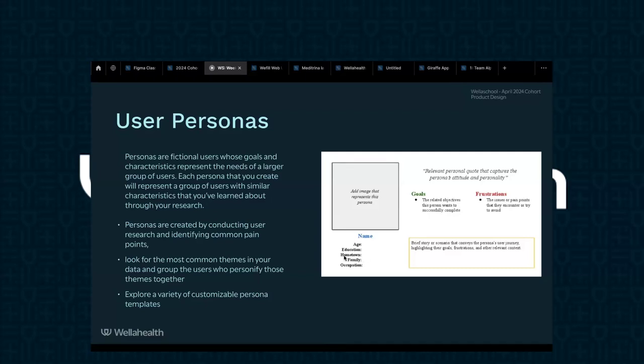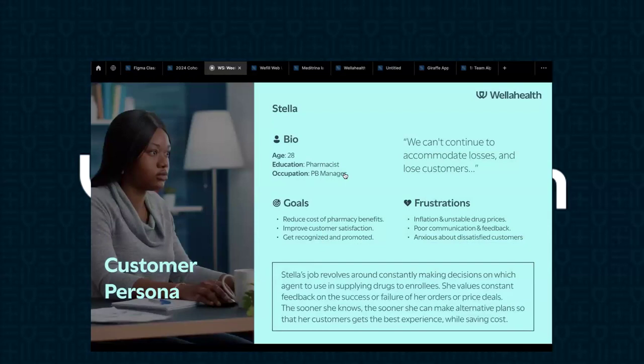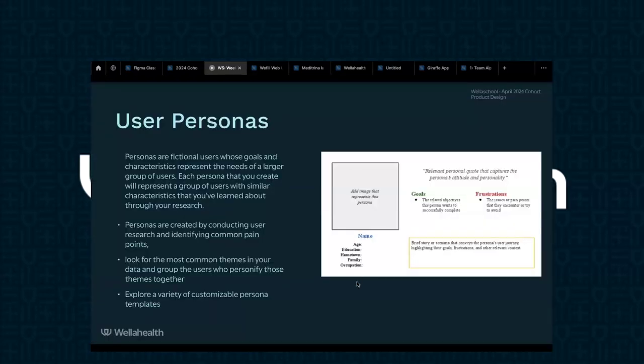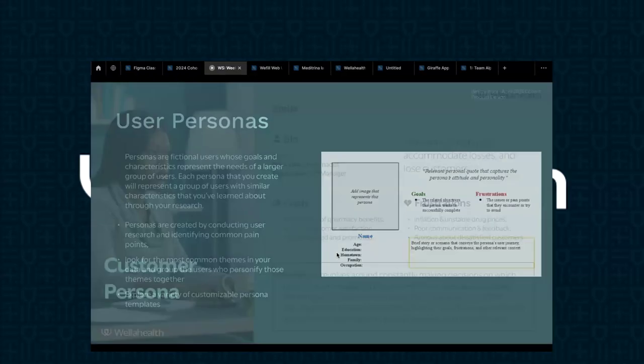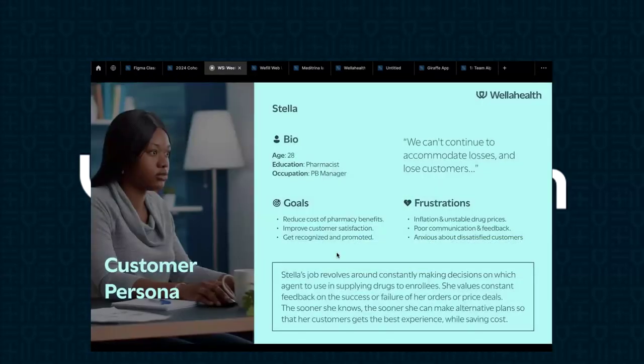For my user Stella, I don't need to talk about her hometown because it's not really relevant to what we are doing, and I don't need to talk about whether she has a family or not. Maybe it's important, but in the grand scheme of things, not really.